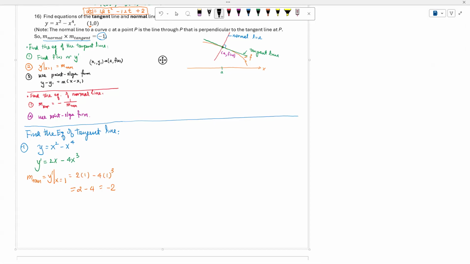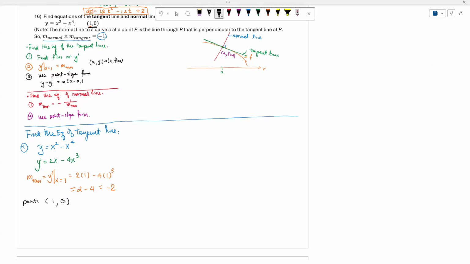And now we would like to find the point. Of course, the point in this case is 1, 0. It is given from the problem. If it is not given, you could plug in x equal to 1, then 1 squared minus 1 to the power 4 is equal to 0.